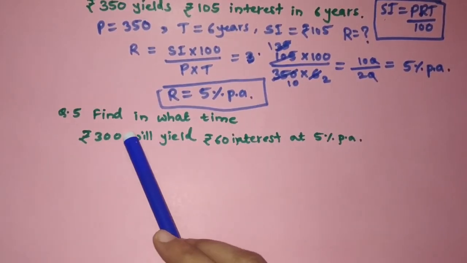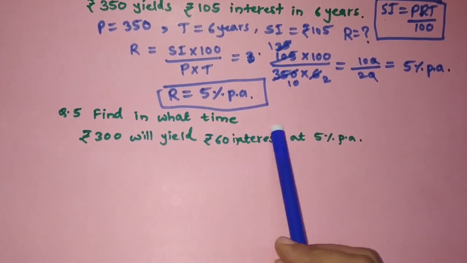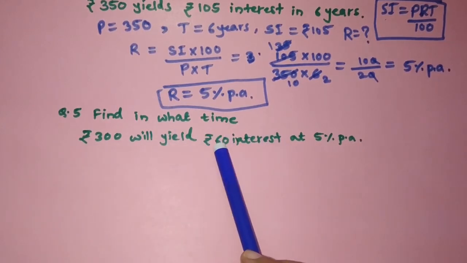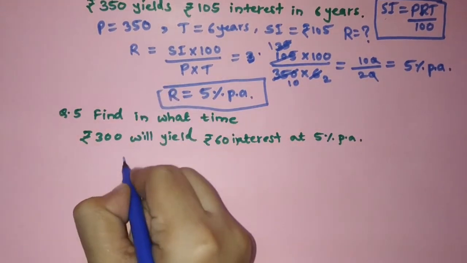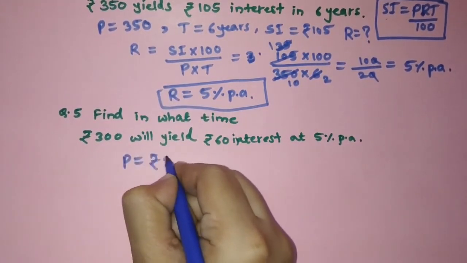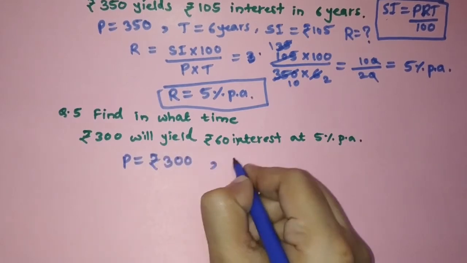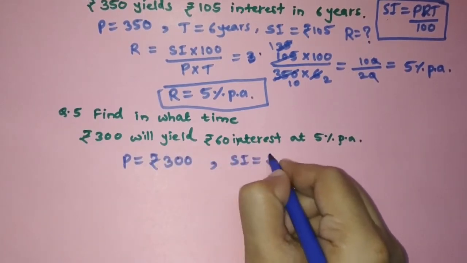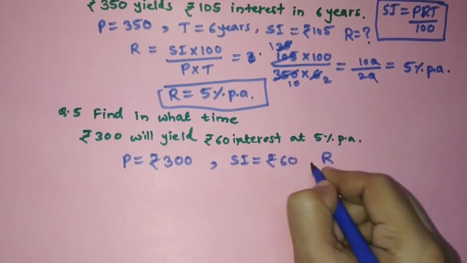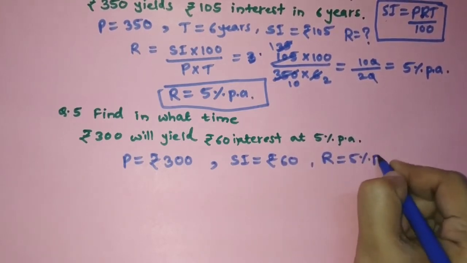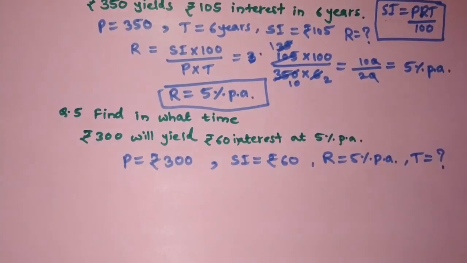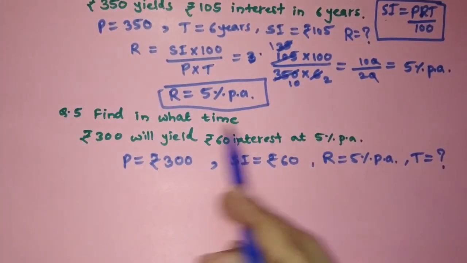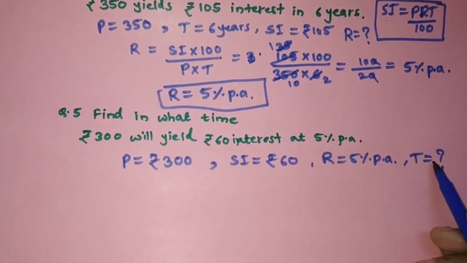So now friends, we need to find in what time rupees 300 will yield rupees 60 as interest at 5% per annum. In this case, the principal is given as rupees 300, earning simple interest of rupees 60 at the rate of 5% per annum, and we just need to find the time duration. 60 is the simple interest here and the principal is given, and time we need to find out.